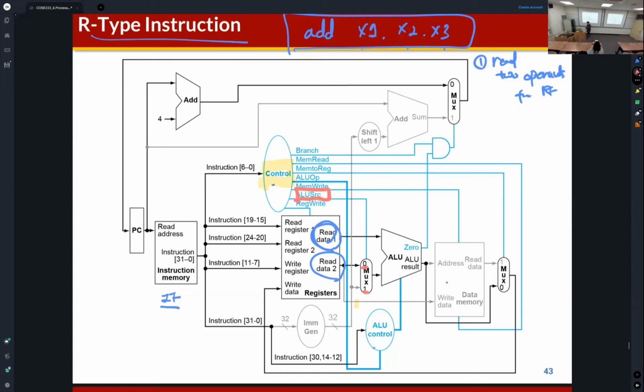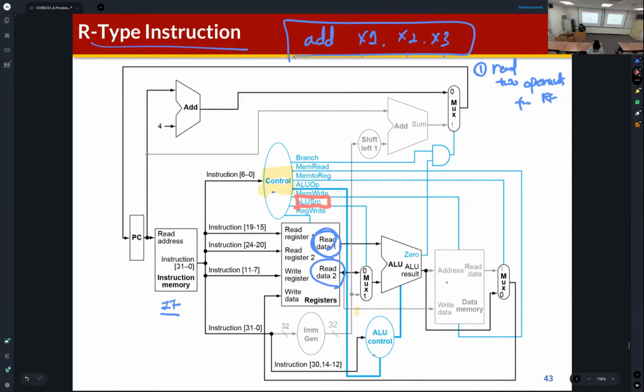0. Okay. So if you see this figure, then you can find that in order to perform the add x1, x2, x3, these two operands are read from the register file, then need to be connected to the ALU.